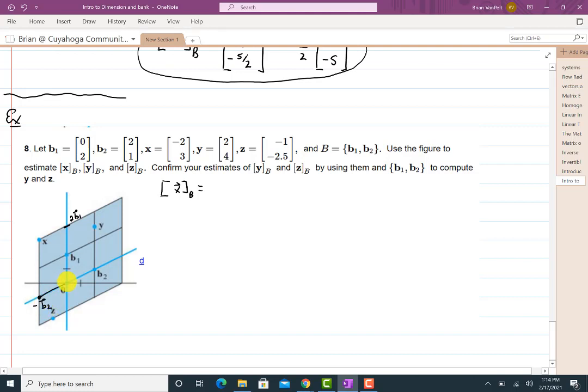So let's see what we have here. Let me draw this line here. There's 2b1. And then there's b2. And you remember this little thing that we used to draw for these? What would you call these? Parallelogram rule. So if I highlight this parallelogram right here, and I connect from 0 to x with my vector, that means that x is the sum of 2b1 and a negative b2.